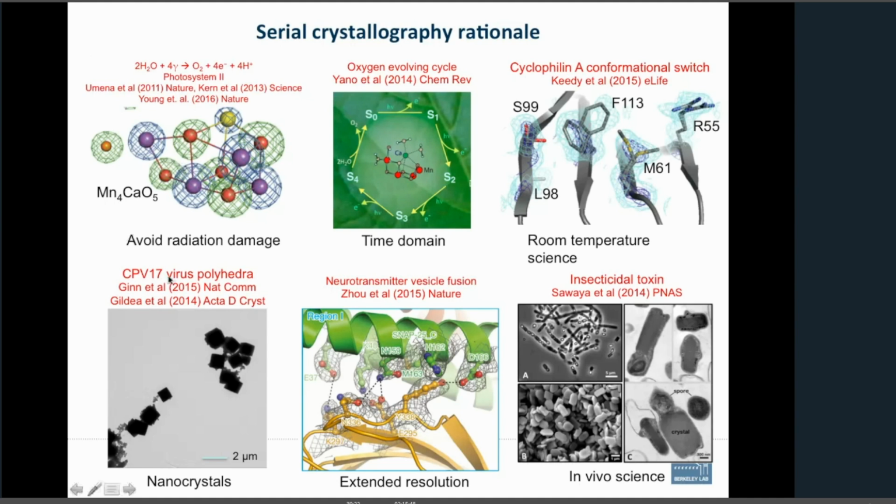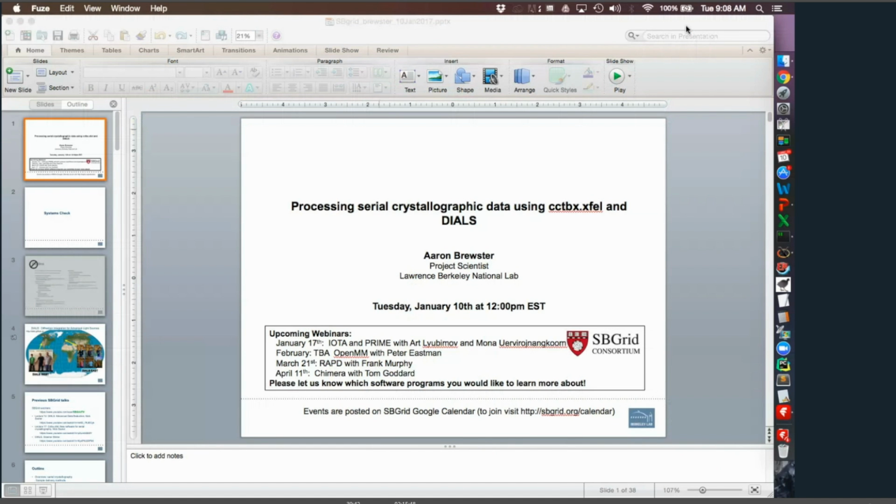We've also been able to use X-ray free electron lasers to study very, very small crystals to extend the resolution. We've been able to do time domain experiments, such as study the oxygen evolving cycle in photosystem 2 in plants. We've been able to do room temperature science, such as looking at the conformational changes of proteins.